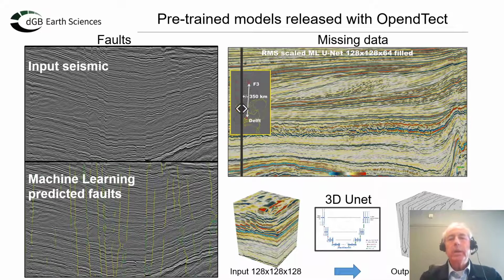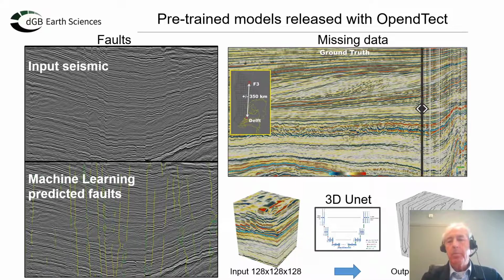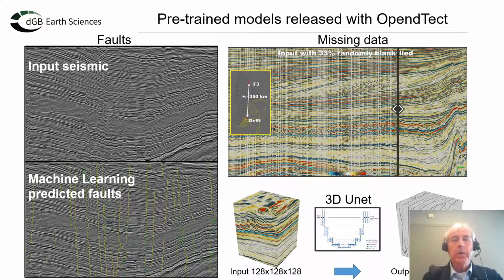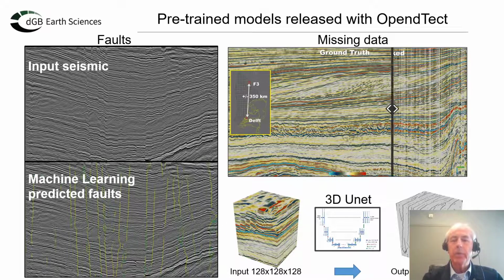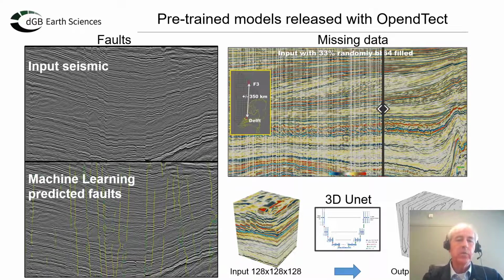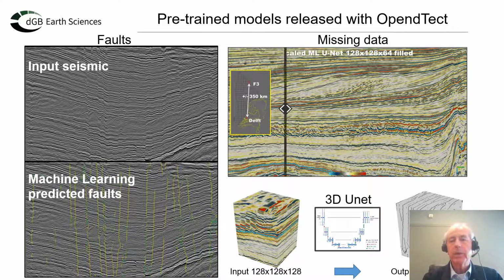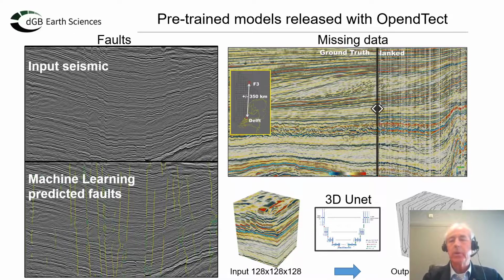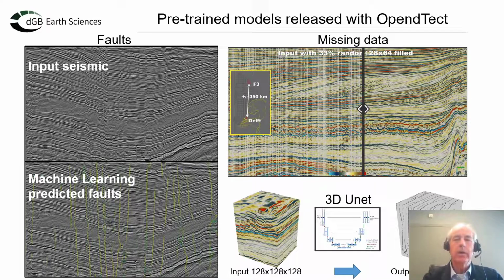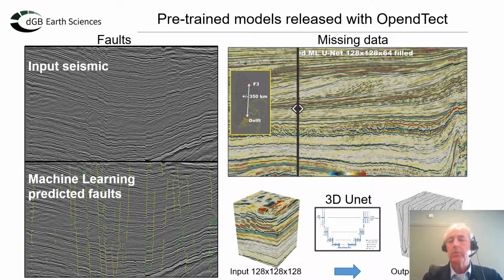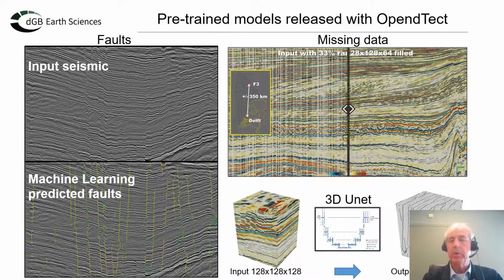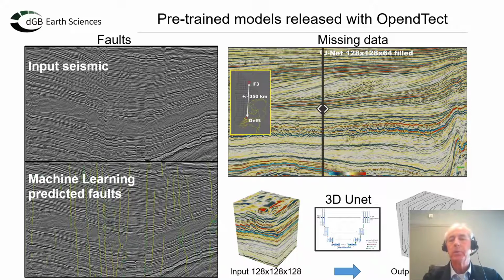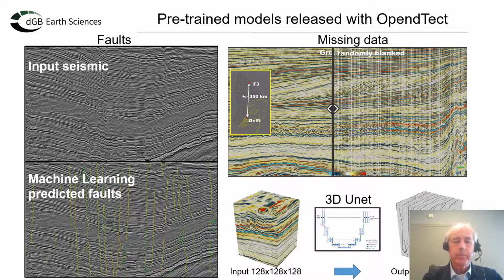Now we already released some pre-trained models with the software, and here we see a few examples. On the left we see the application of a pre-trained model that predicts faults from the seismic, and we also have released models for interpolating data, missing traces, but also for increasing the number of traces, so decreasing the bin size, super sampling if you like.